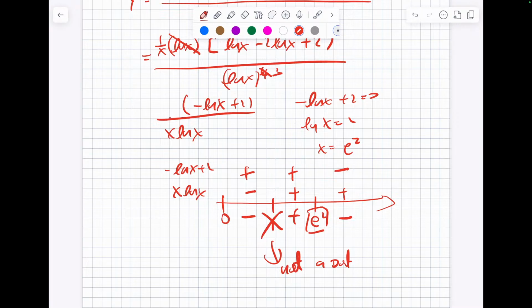So only e squared is an inflection point.